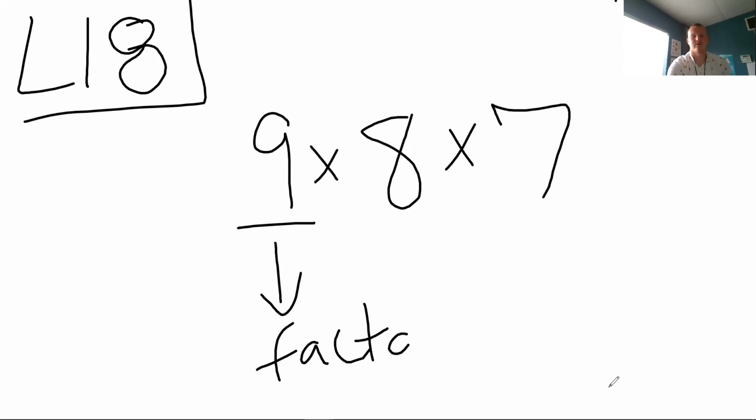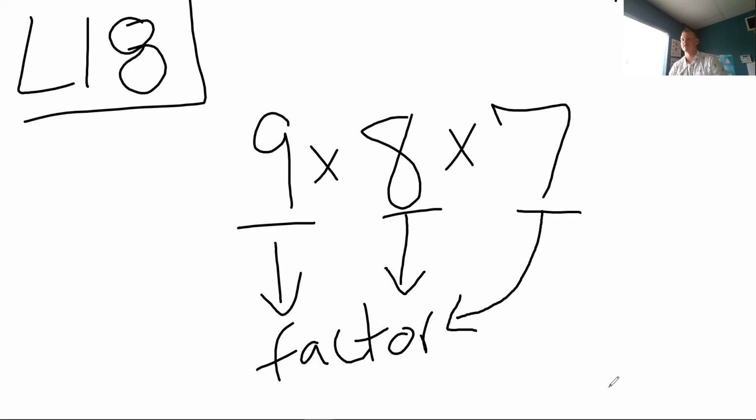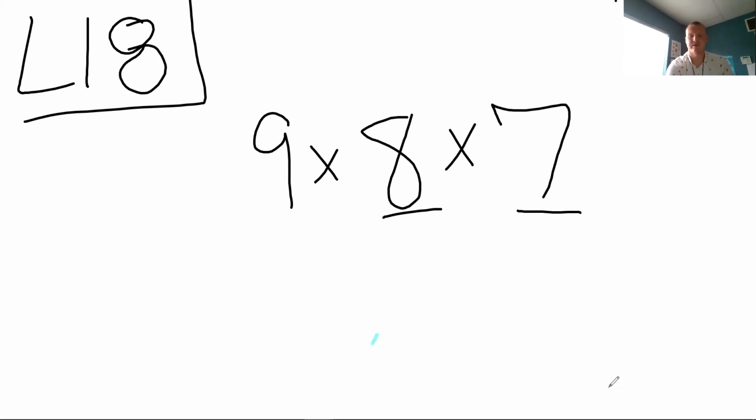The 8, Ian, is that a factor? Yep, 8 is a factor. And Evan, what is 7? It's also a factor. So 9, 8, and 7, something all three of them have in common is that they are all factors.